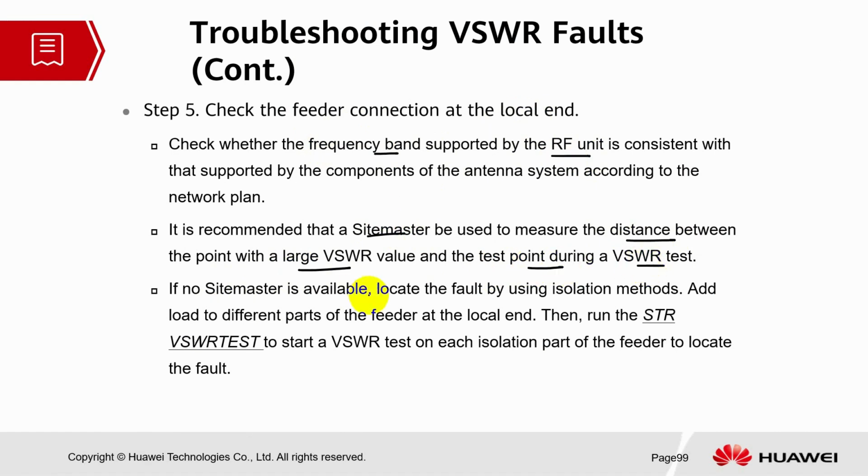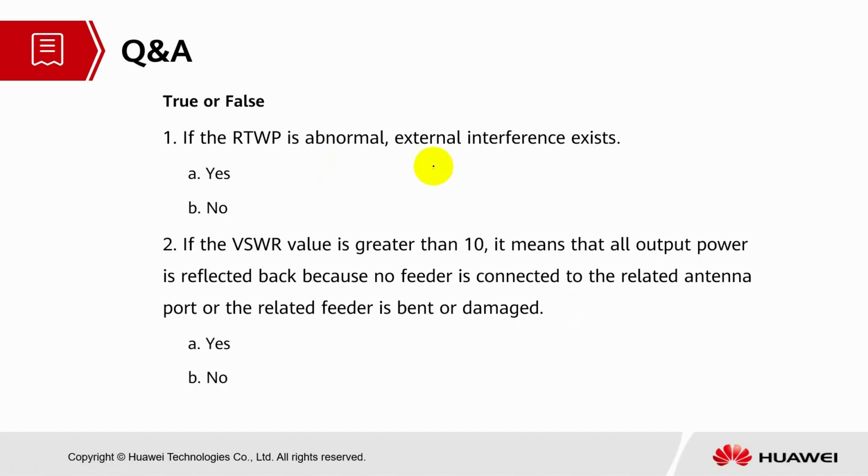If a site master is not available, you can locate the fault by using the isolation method. Add a dummy load section by section to different parts of the feeder at the local end, then run the start VSWR test on each isolated section of the feeder to locate the fault.